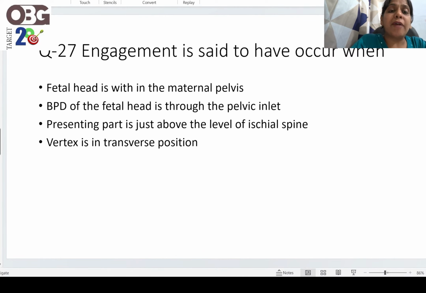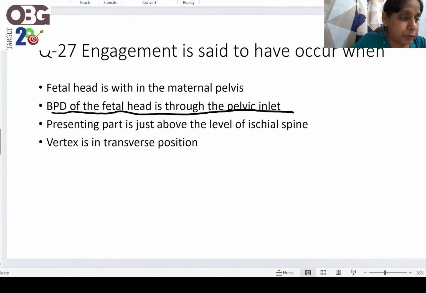Engagement is said to have occurred when the biparietal diameter of the fetal head is through the pelvic inlet. Okay, biparietal diameter of the fetal head is through the pelvic inlet. What does it mean? Here we are talking about the engagement of the cephalic presentation only. Good evening Kavita, good evening Rohit.